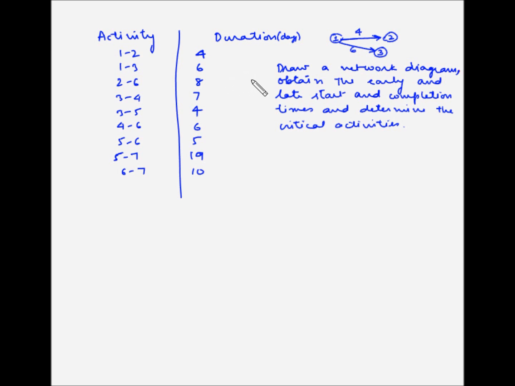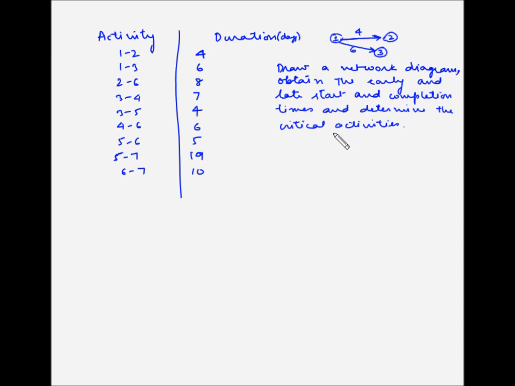Now we are being asked to draw a network diagram, obtain the early and late start and completion times. That means we have to find the early start, early finish, late start and late finish times, and then determine the critical activities.